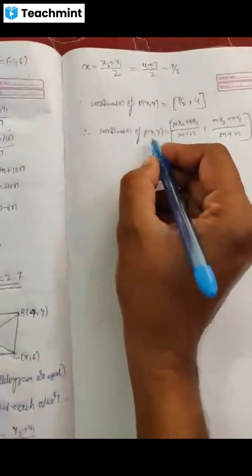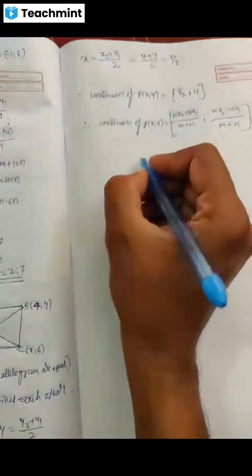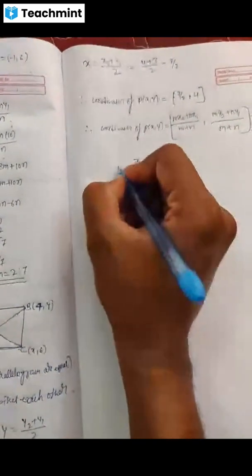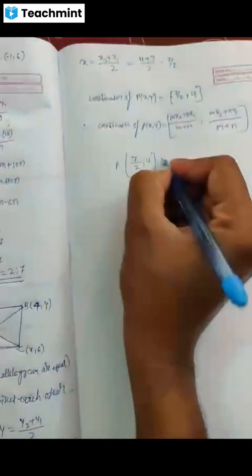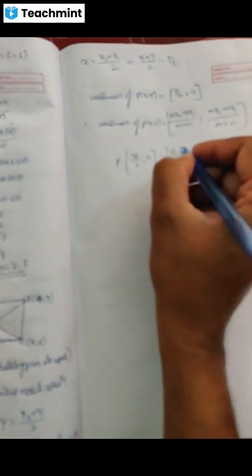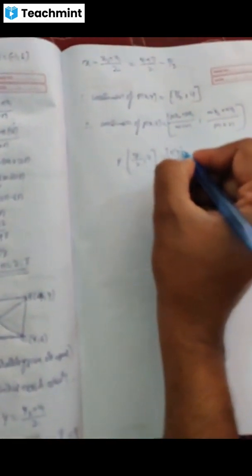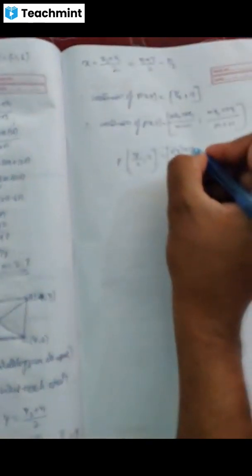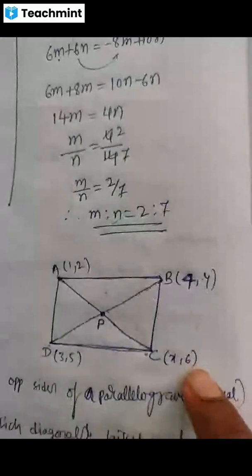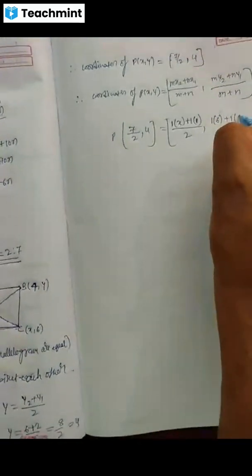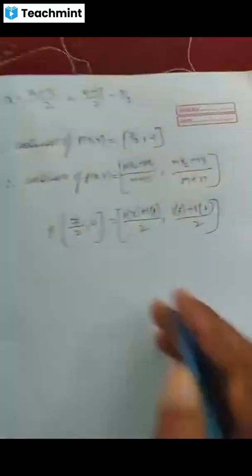If we consider AC, the coordinates of P are (7/2, 4), given by (1·x + 1·1)/2, (1·6 + 1·2)/2.